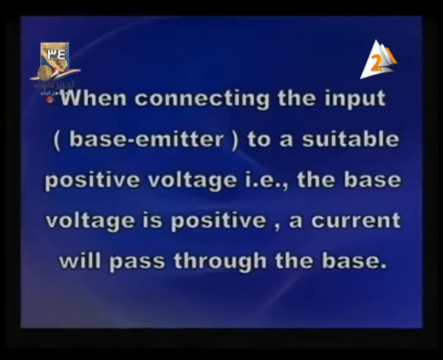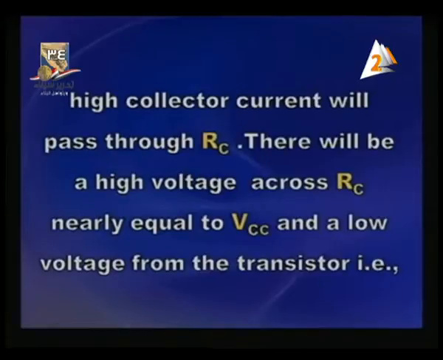When connecting the input, which is base emitter, to a suitable positive voltage, that is to say, the base voltage is positive, a current will pass through the base. High collector current will pass through RC. We said base current will control the collector current.